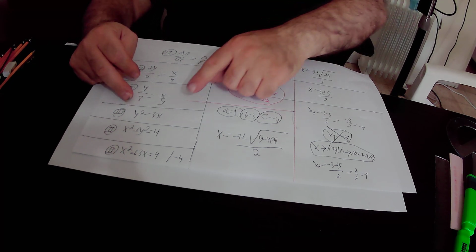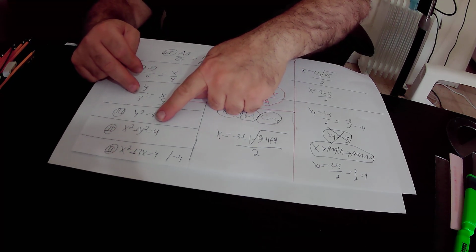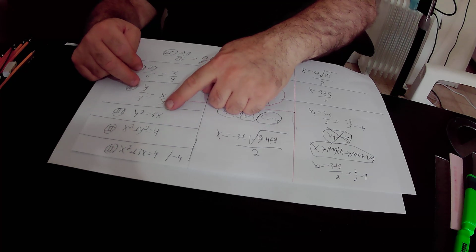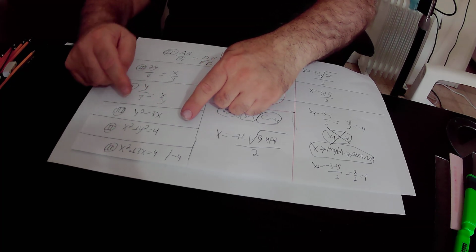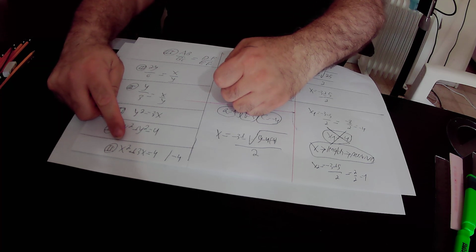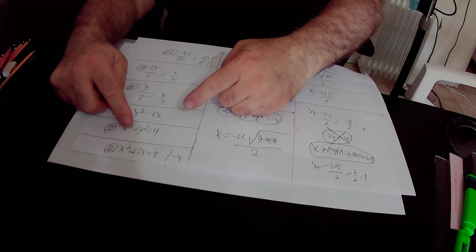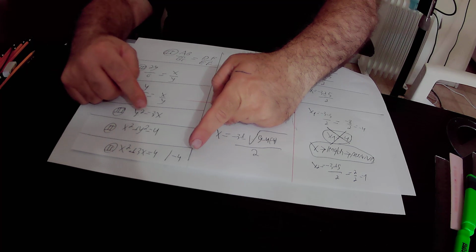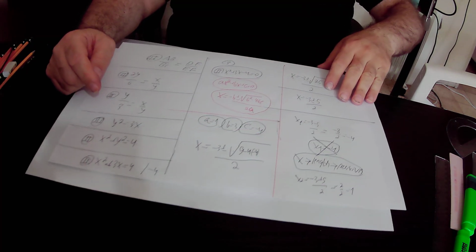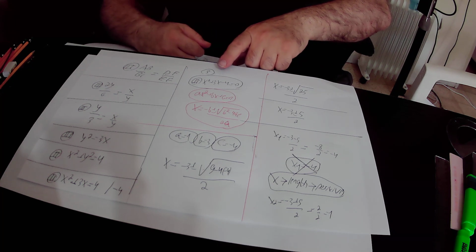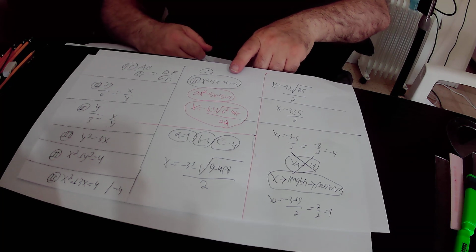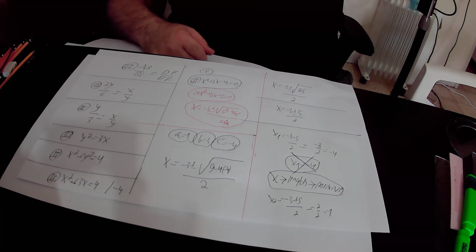Now we can substitute Y squared in equation number 2 by 3X, because Y squared equals 3X. We did it, and we got that according to equation number 2, X squared plus 3X equals 4. So we subtracted 4 from this equation, and we got that X squared plus 3X minus 4 equals 0.